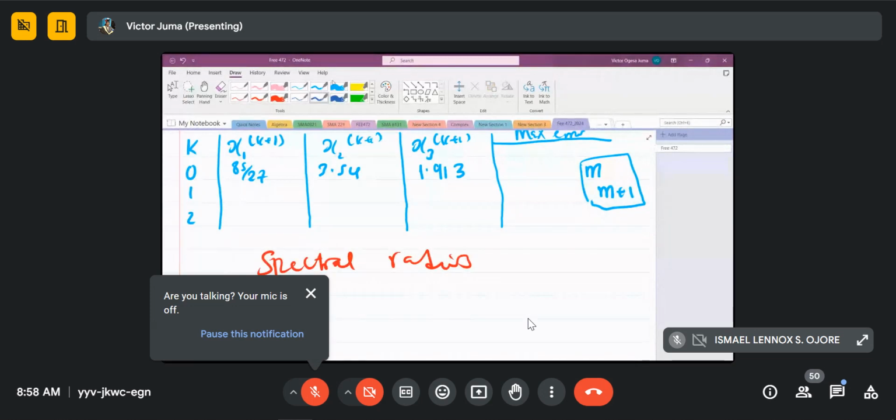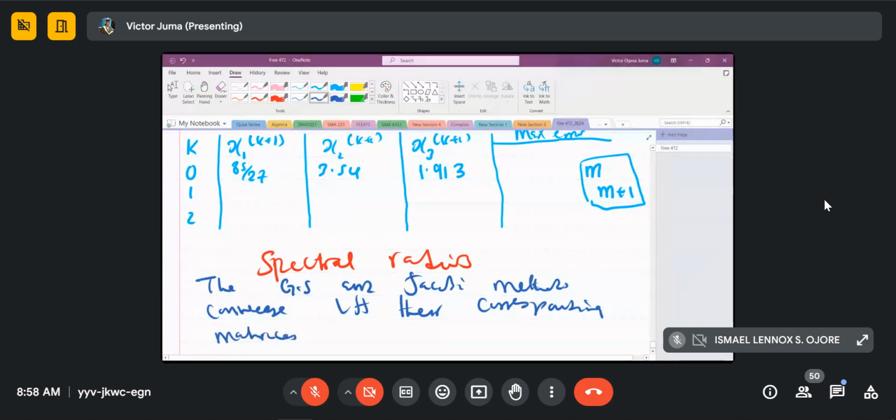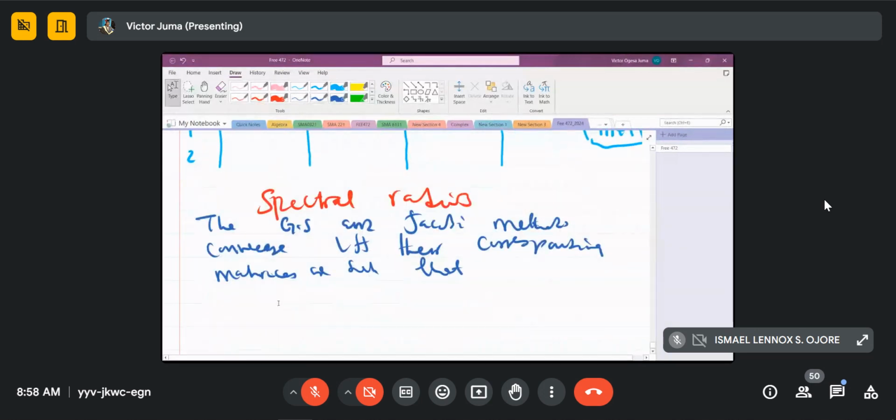As we said, the Gauss-Seidel and Jacobi methods converge if and only if their corresponding matrices are such that rho, the spectral radius, symbolized by rho, satisfies the following.